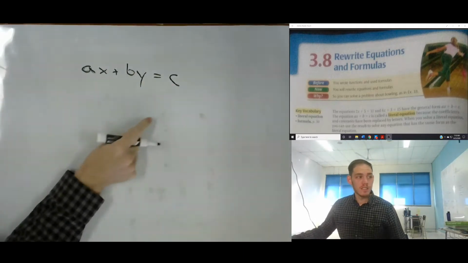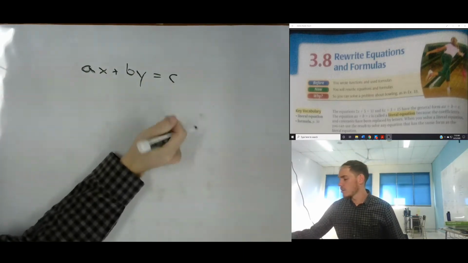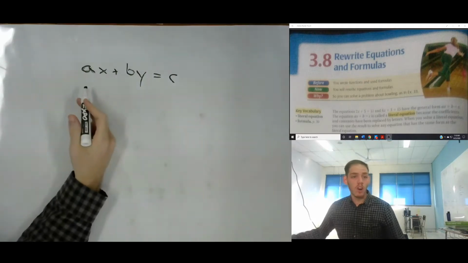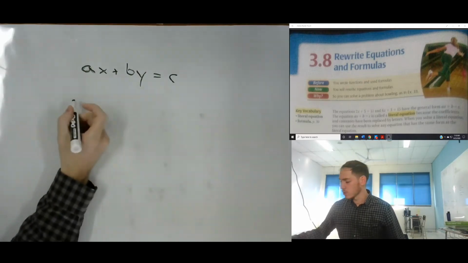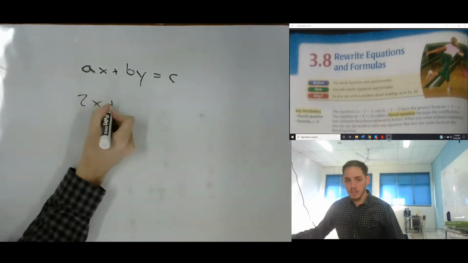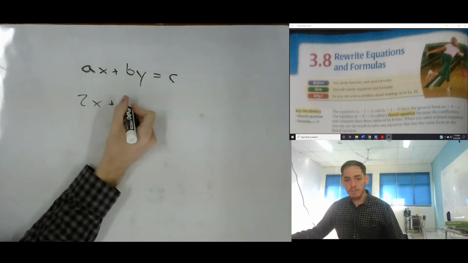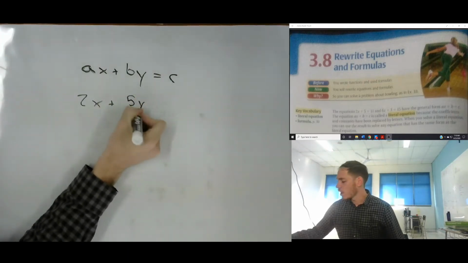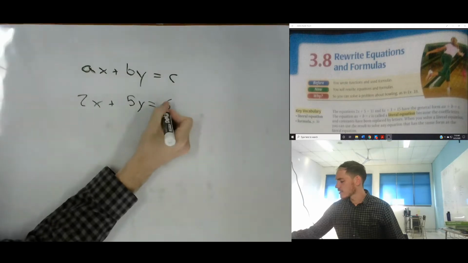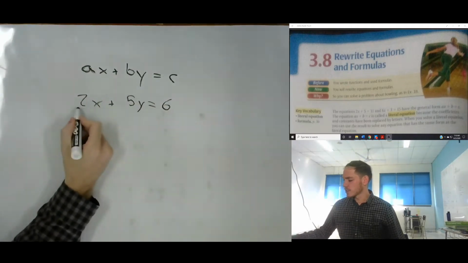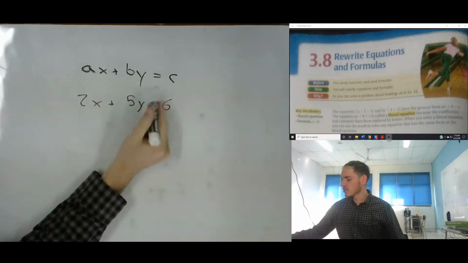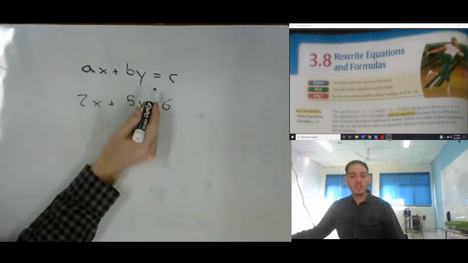Now notice that our letters here are our coefficients, what's normally in front, like 2x plus 5y equals 6. Our coefficients, namely a, b, and c, are turned into letters.